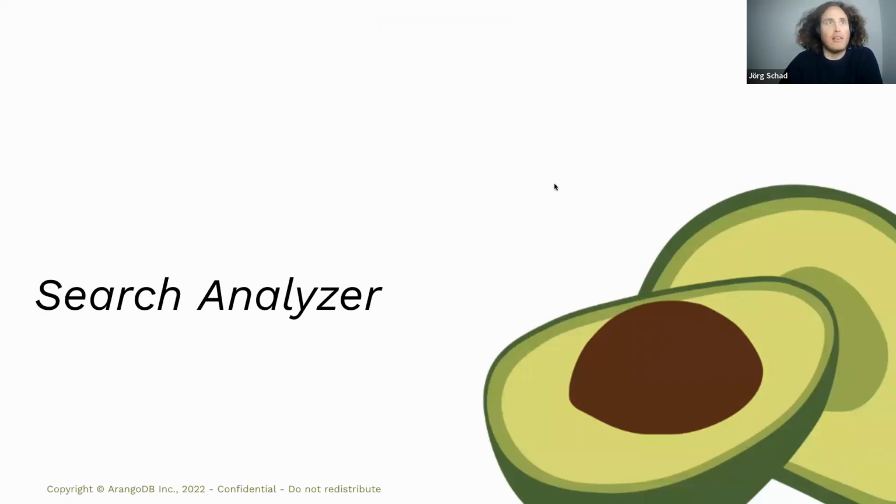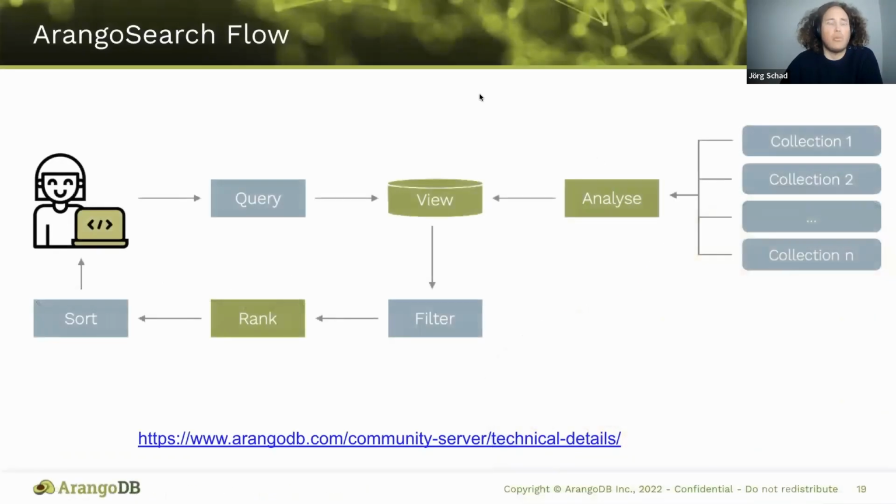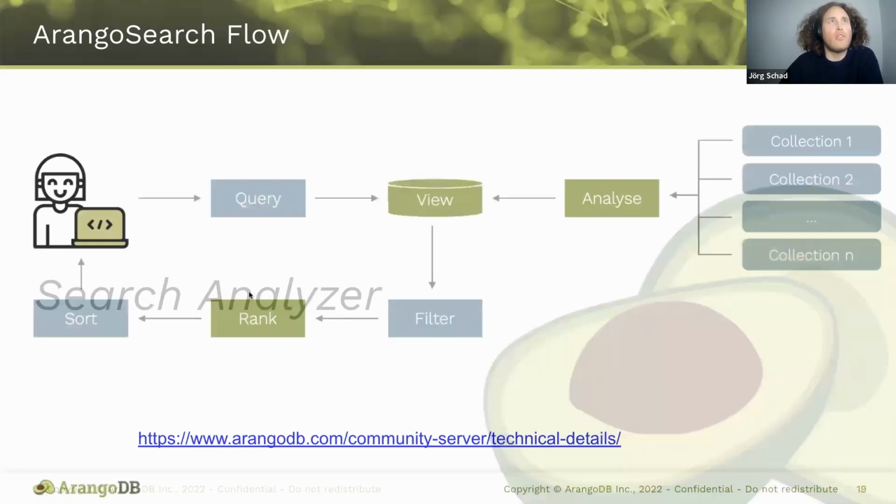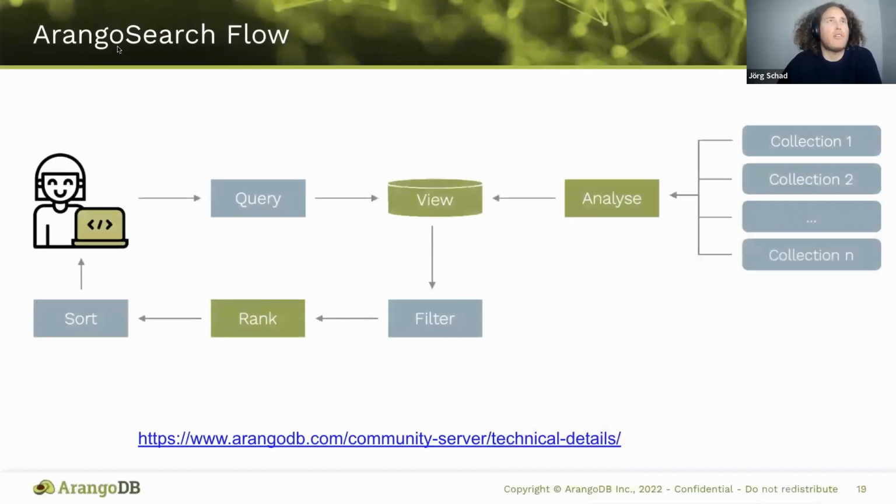Next big topic, and very exciting to see that also picking up overall, is search, or the new analyzers we introduced in ArangoDB 3.9. For those of you who are not familiar with ArangoSearch yet, ArangoSearch is really a way for doing full text search across your documents in ArangoDB.